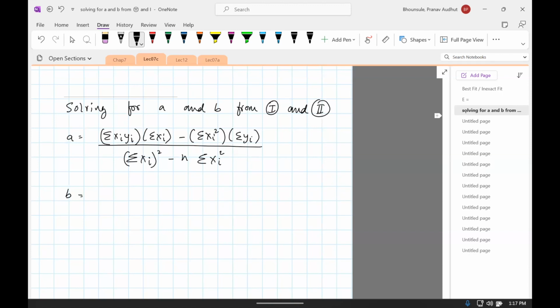And b is summation xi summation yi minus n times summation xi yi, divided by summation xi the whole square minus n times summation xi square.